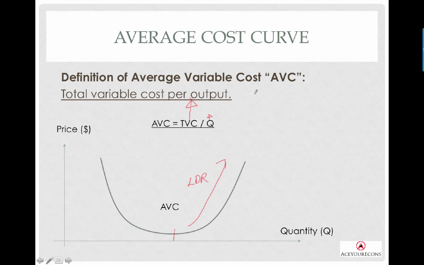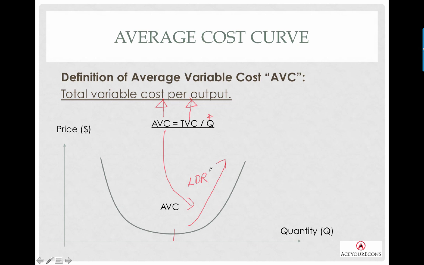So your increment in output is slower than your numerator, and this is why your AVC or your AC will increase. Hopefully I have shared with you some understanding of why your AC or AVC is a U-shaped curve.